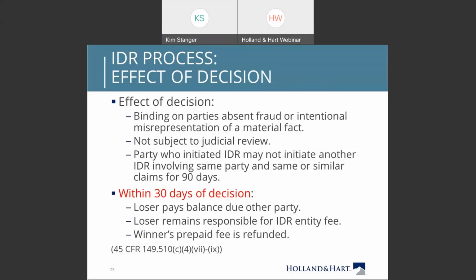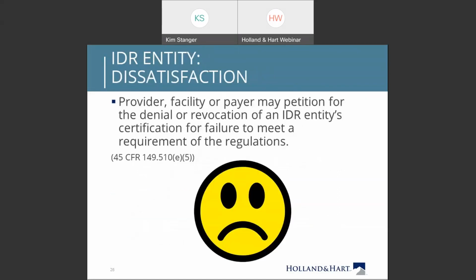If you're the provider and you lost and you owe money back, then you would have to arrange for the repayment back to the payer. The loser remains responsible for the IDR fee, but you've already paid that. You just don't get it back. The winner would get that prepaid fee refunded to them.